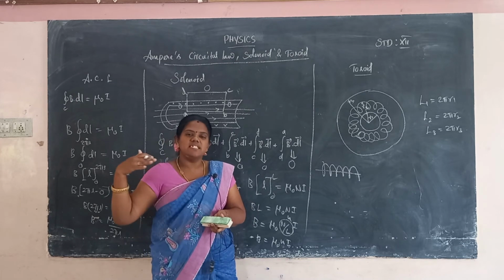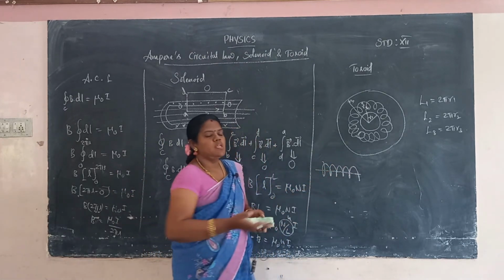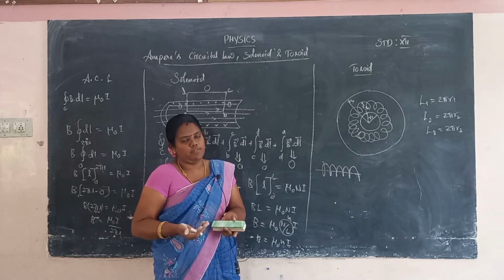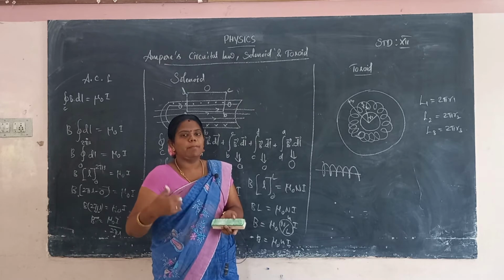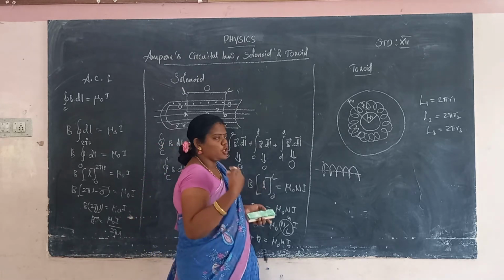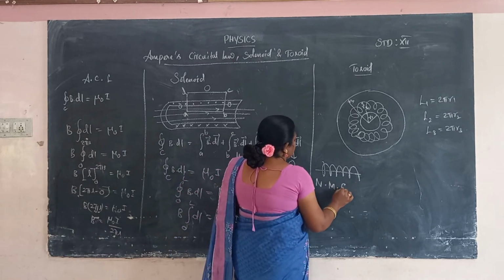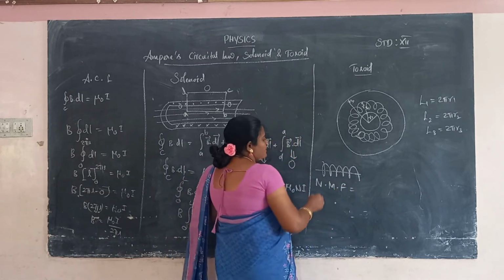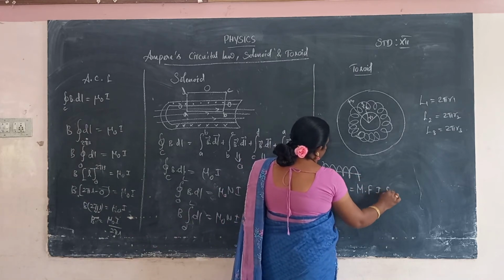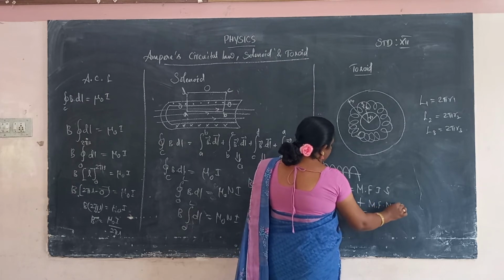Suppose you insert the iron rod in the gap of the solenoid, the iron rod is magnetized by the magnetic field. Suppose we want to calculate the net magnetic field: it will be equal to the magnetic field inside the solenoid plus the magnetic field of the magnetized iron.